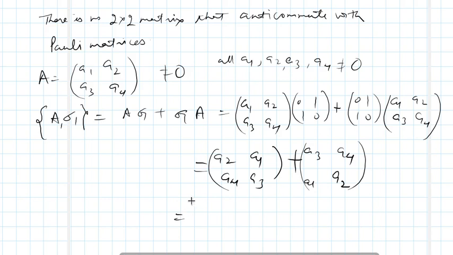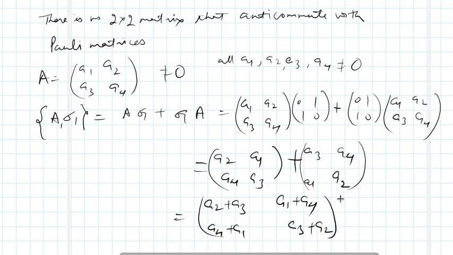After simplification this becomes [[A2 + A3, A1 + A4], [A4 + A1, A3 + A2]], and this matrix is non-zero as we have assumed that all entries are non-zero.